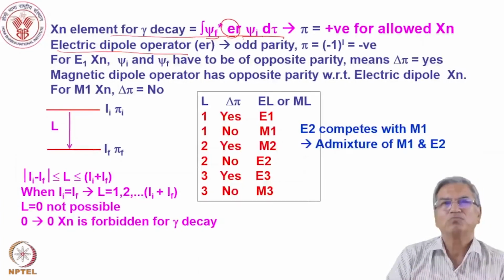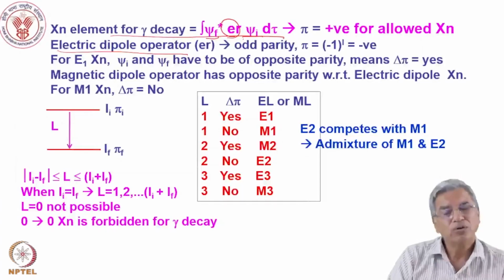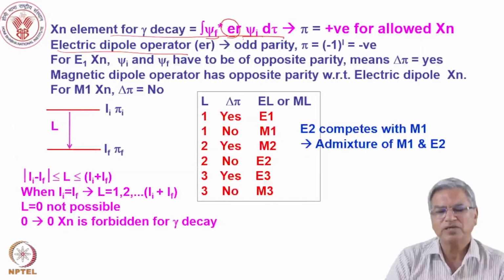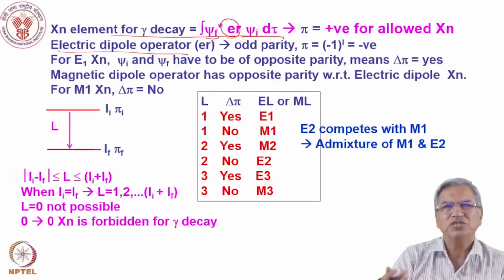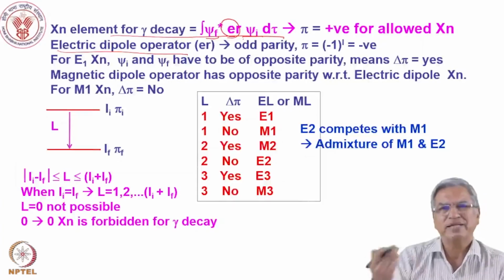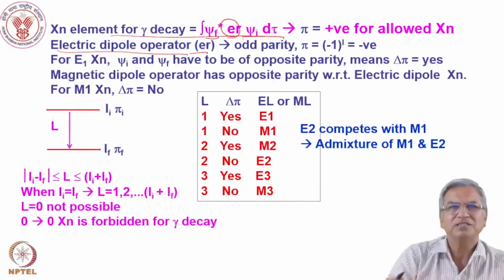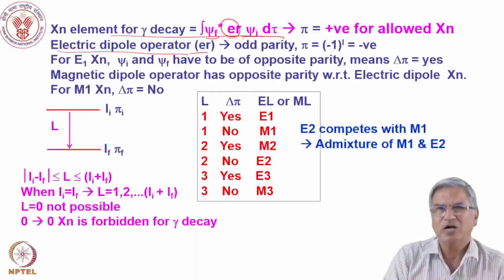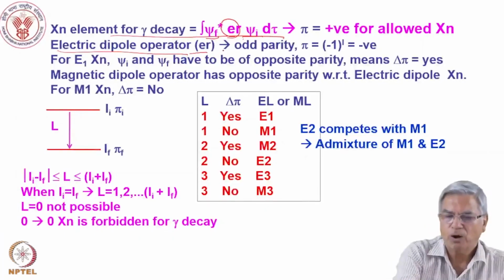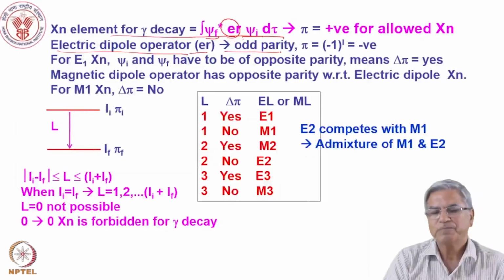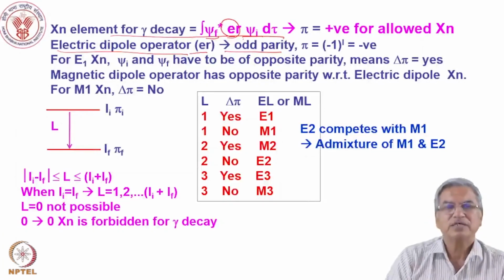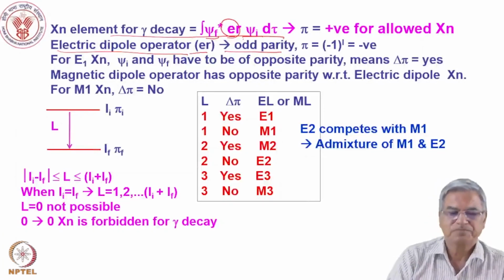Either as (-1) to the power L, or if it is a function like psi, and the function changes sign when we go from x to -x, then we say this function has odd parity. If it doesn't change sign, we say even parity. So in ER, R is the distance, and so x or R will have negative parity, the odd parity. So pi will be negative for the electric dipole operator.